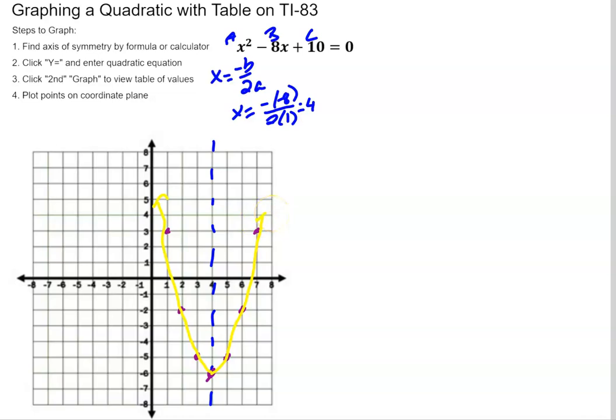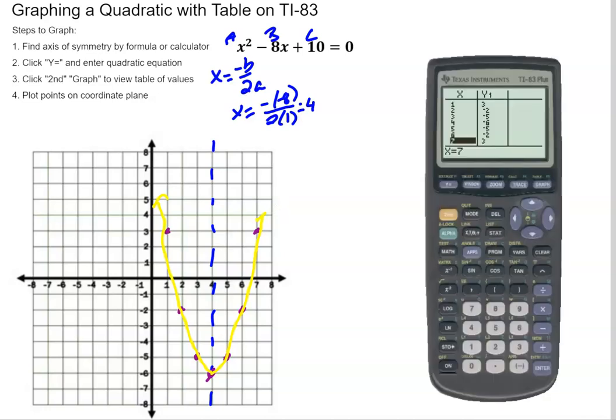Now from this point, if I wanted to find some of the key features, I can do that with my calculator to be more specific. So if I go to my graph, if I wanted to find the vertex, let's just say I didn't use my table feature to find the vertex, this low point, I can go second, trace. This is a minimum because it's a low point, so I go number 3. Left bound means I have to go to the left of the vertex. So I'm going to use my arrows.